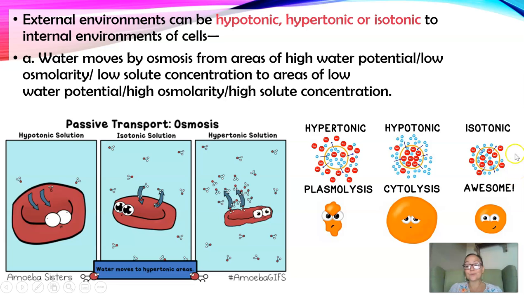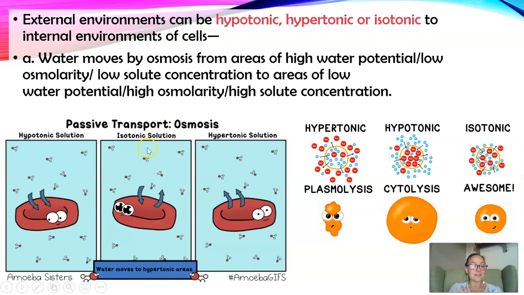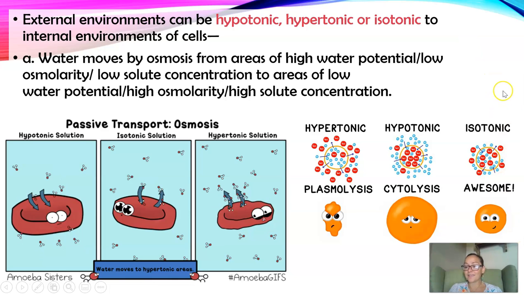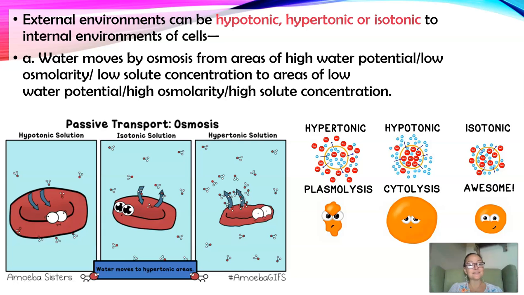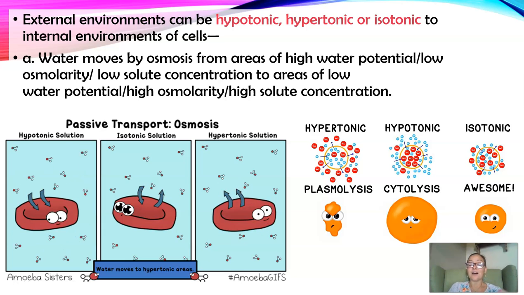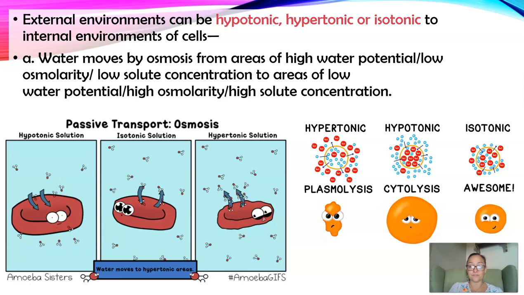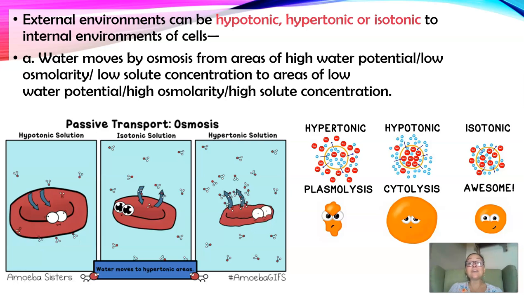Then for isotonic, let's go there. Isotonic, which is the middle cell here in the GIF, or the cell on the right in orange. So in an isotonic environment, this is basically equilibrium. The amount of solutes on the outside of the cell compared to the internal environment of the cell is equal.